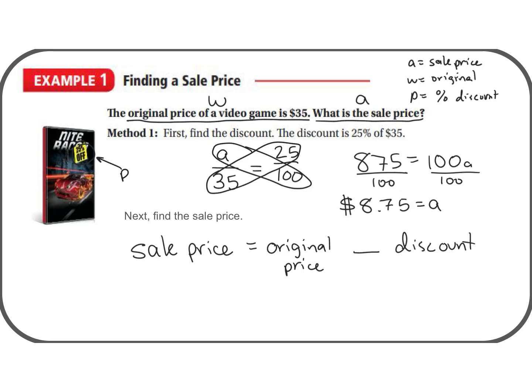Okay? So we're going to do 35 minus my amount of discount, which is 8.75. 35 minus 8.75 will give us a final sale price of $26.25.